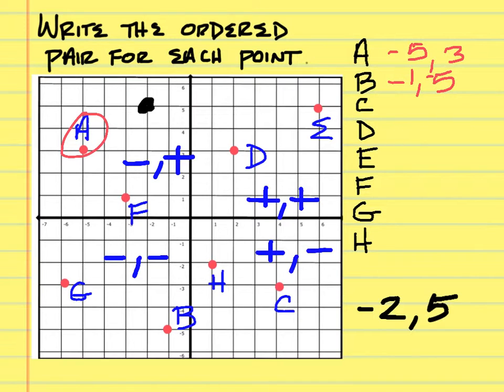Positive 4, negative 3 is what it should be. This one goes down just 1, 2, and then 3. We'll go to D. We'll give Reinhardt D. Give her a chance to get one right. Positive 2, 3. Positive 2, 3 is right.